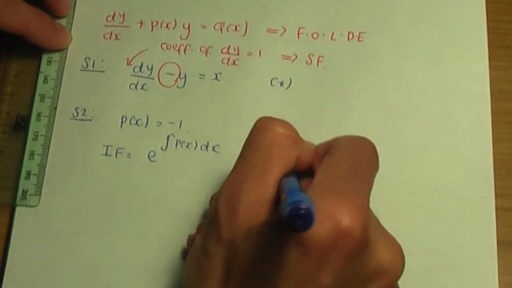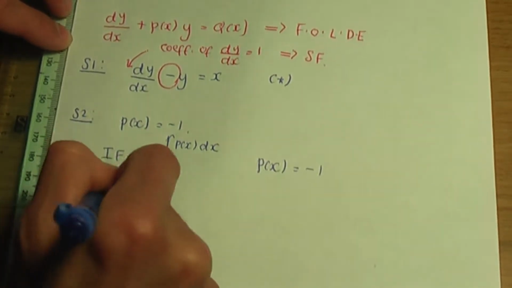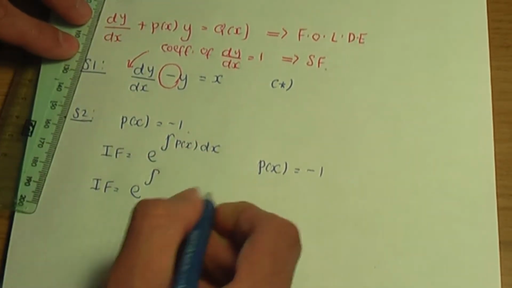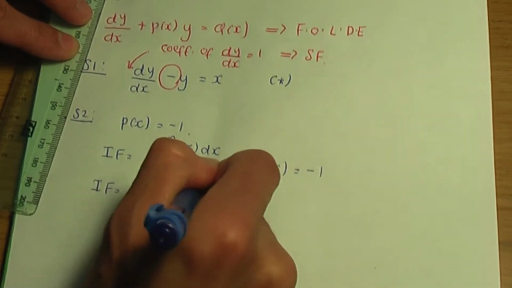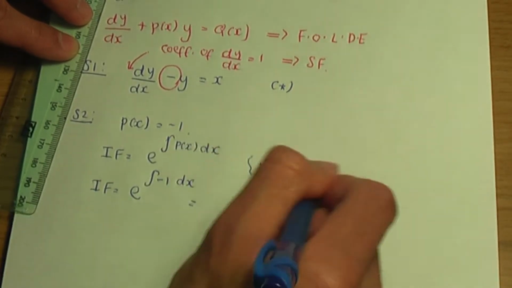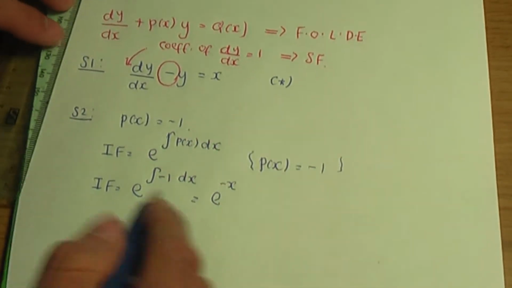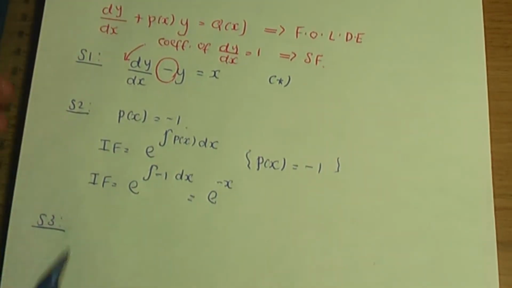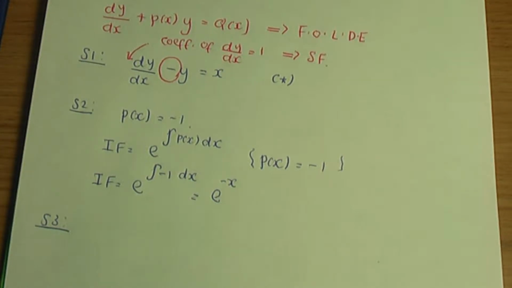Now since p(x), the coefficient of y, we noted as minus 1, then IF will be e to the power, the integration of minus 1 with respect to x. And if we integrate minus 1, it's minus x. So that is what you should have for the integrating factor. IF is e to the minus x. So back to the screenshot.